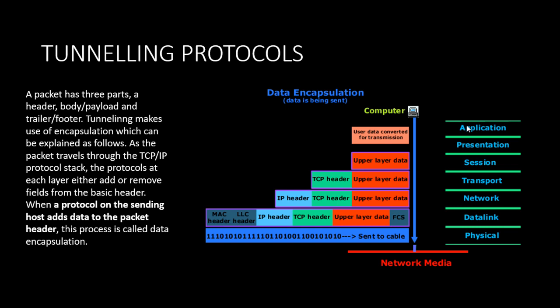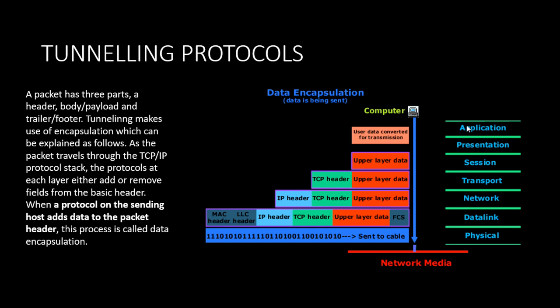Now let's take a look at the info. A packet, as we stated earlier, has 3 parts: a header, body or payload, and a trailer or footer. And tunneling makes use of encapsulation, which can be explained as follows.